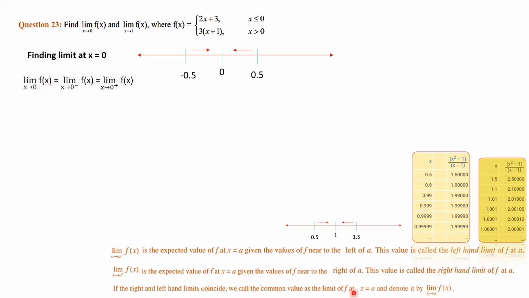Here it is mentioned coinciding at x is equal to a. That is what we have learned in the basics. That means whatever values you take on the left side of 0 and the right side, the left hand limit and right hand limit should coincide. Then only we will be able to calculate this value, limit x tends to 0 f of x.